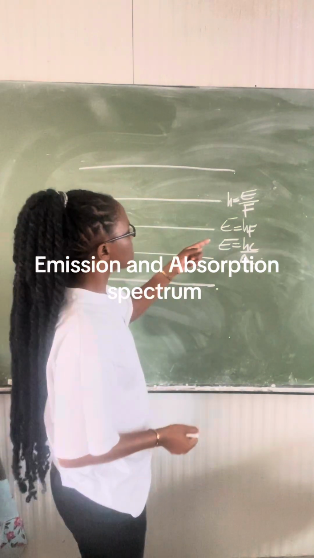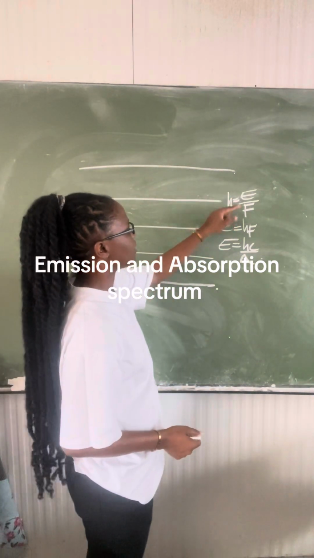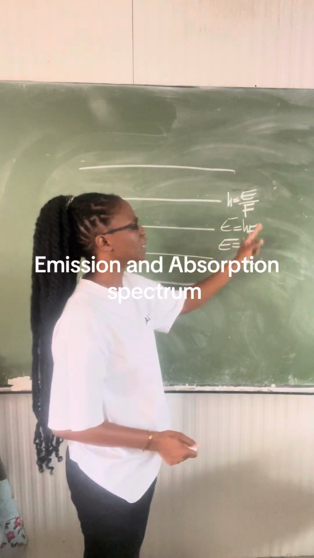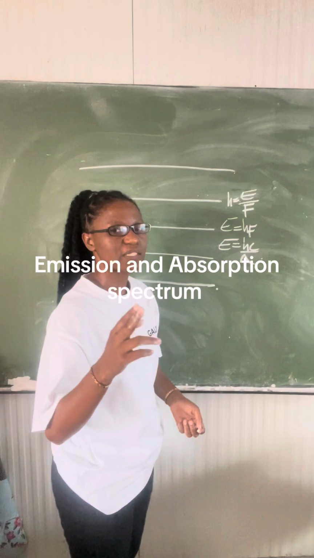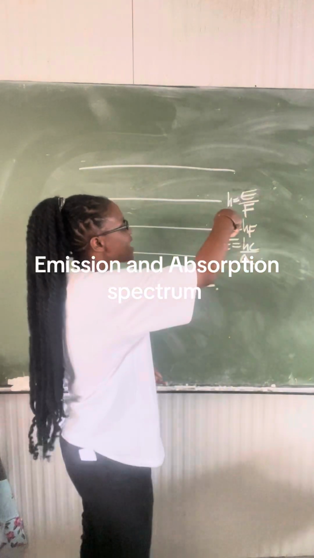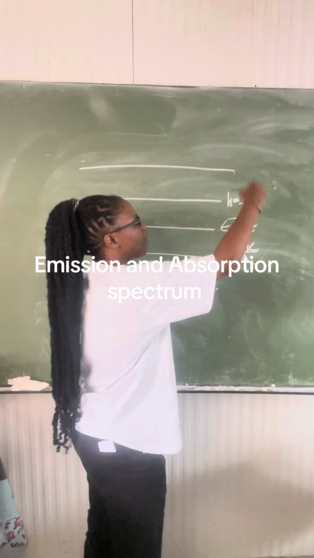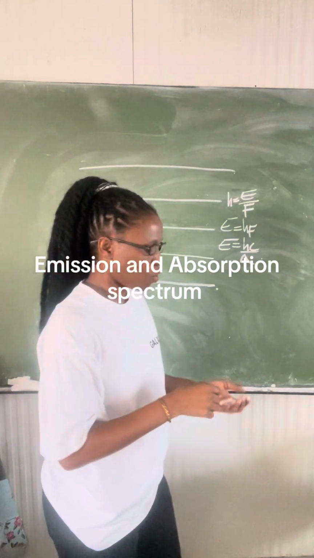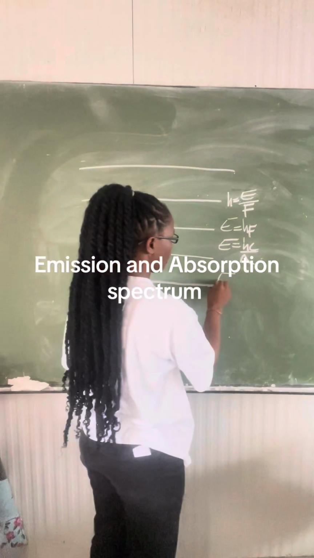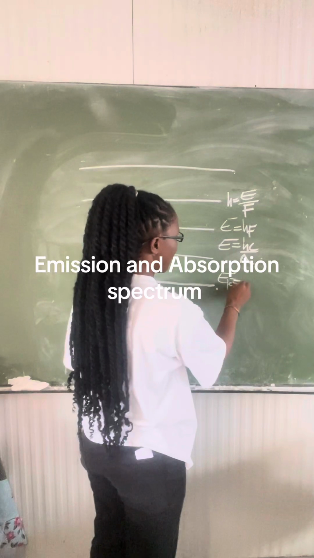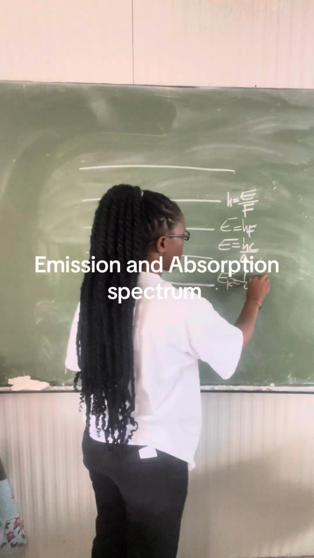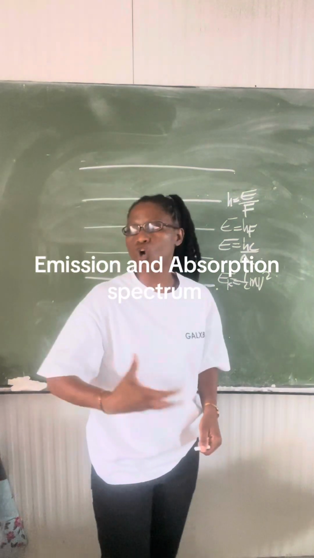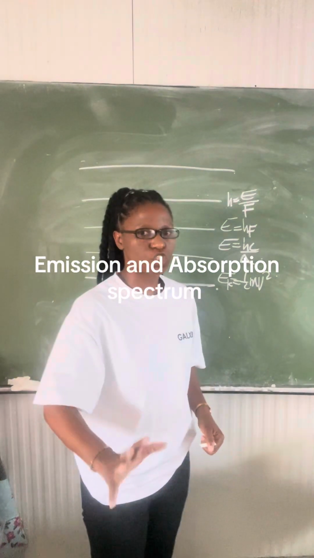So if h is kept constant, the energy of a photon is directly proportional to the frequency. If you change the frequency, it affects the energy of a photon. Once the energy of a photon is affected, the speed at which electrons are ejected is also affected.